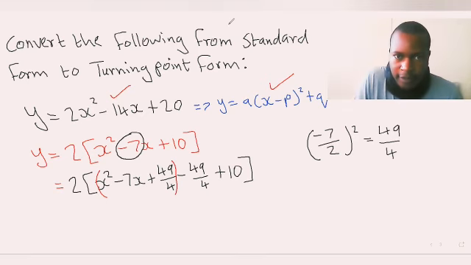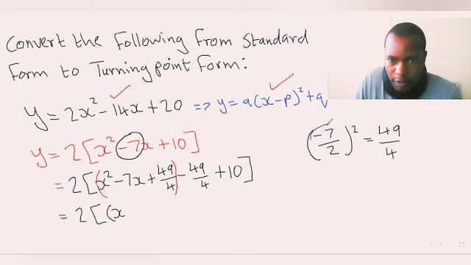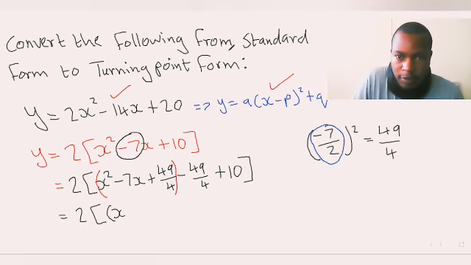So now let's factor it out. This would still be 2, and this would be our perfect square. How you write your perfect square is, you would have the x there, then take the number over here, that number before you square it, with its sign.